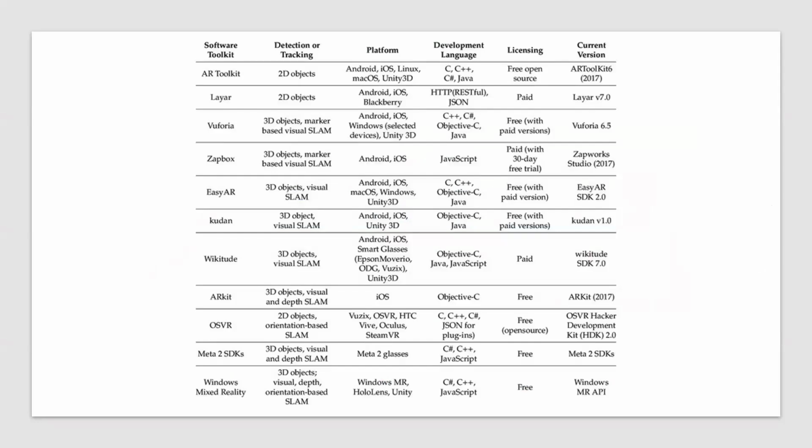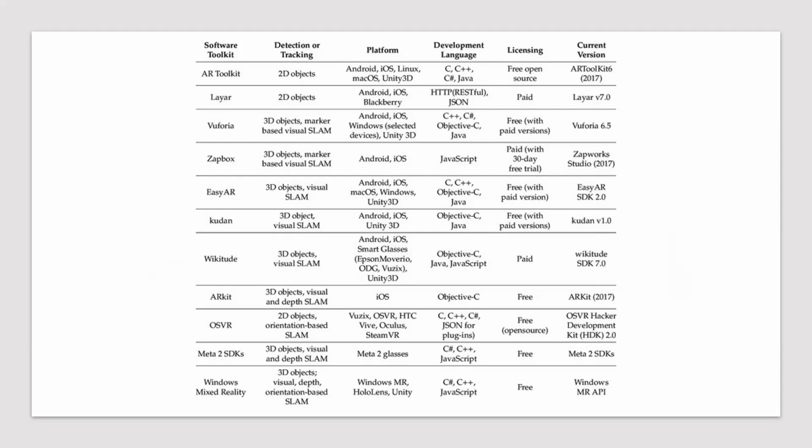Now, this table summarizes all the software that you have. Particularly, you start with AR Toolkit, 2D objects, and platform supported Android. C Sharp is the language you should look for. Free and open source and supported by AR Toolkit. Layar, again 2D objects, Android and BlackBerry supported.